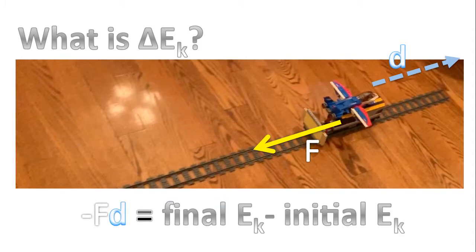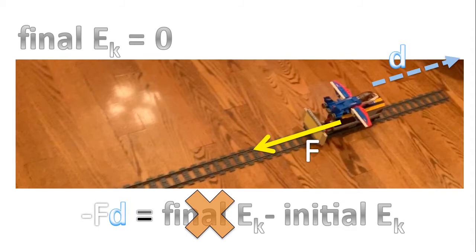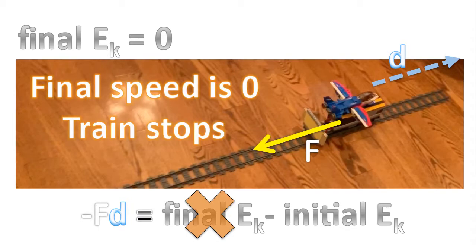Well, any change in a value in science is the difference between the final state and the initial state. In this case, the change in kinetic energy is the difference between the final kinetic energy and the initial kinetic energy. Well, we know that the final kinetic energy is zero. This is because we know the train comes to a complete stop.